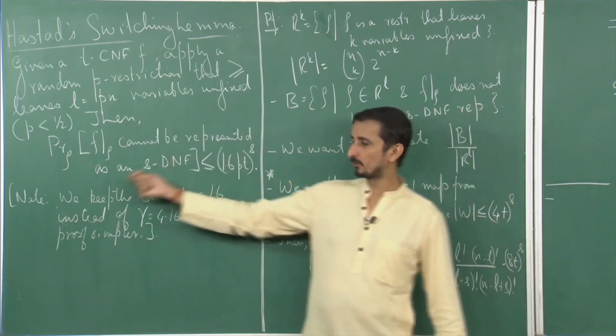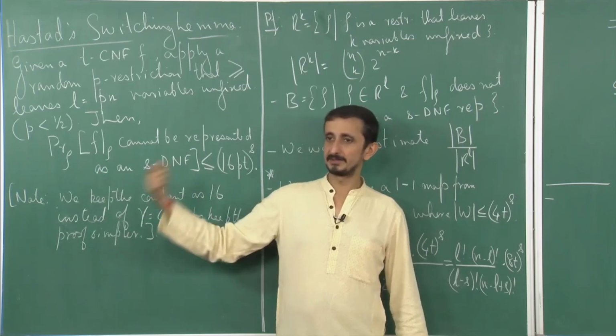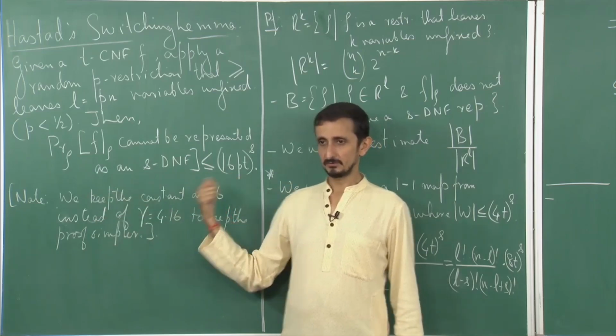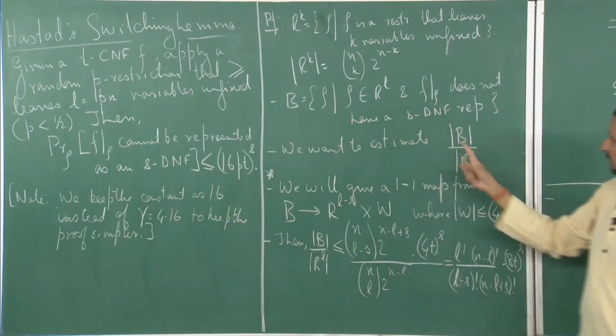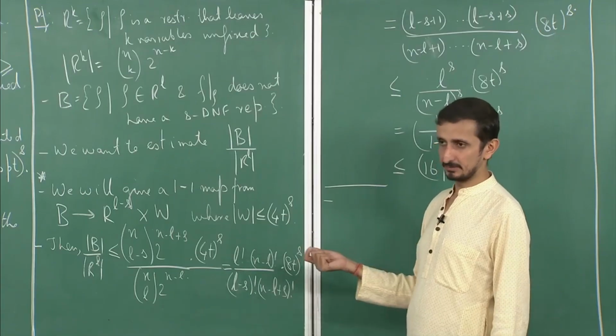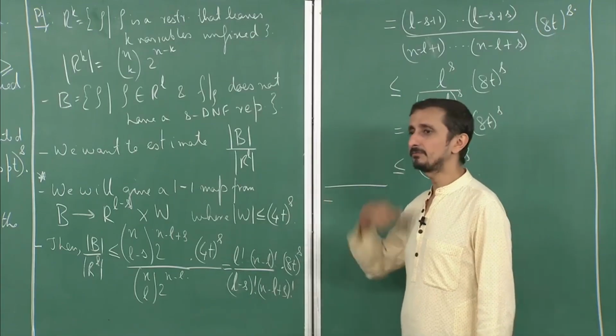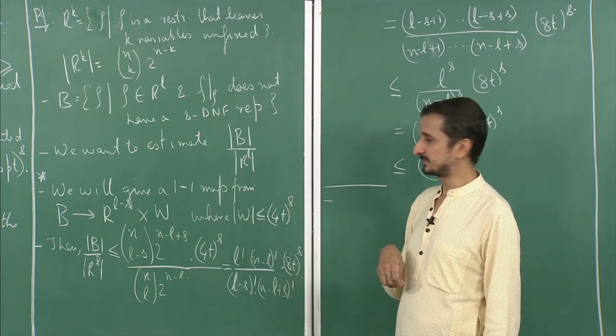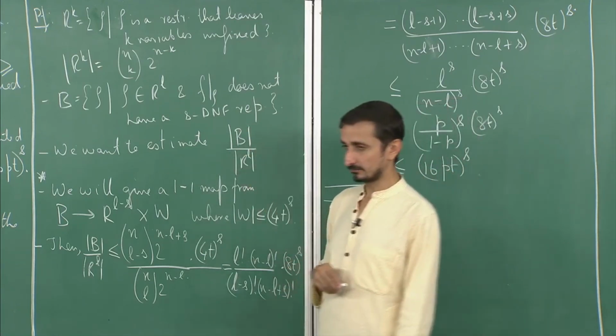If I choose a row randomly, the probability that it is bad is at most this. R to the power L is the set of all restrictions that leave L variables unfixed, and B is the number of bad restrictions as a subset. B is basically a subset of R to the power L.